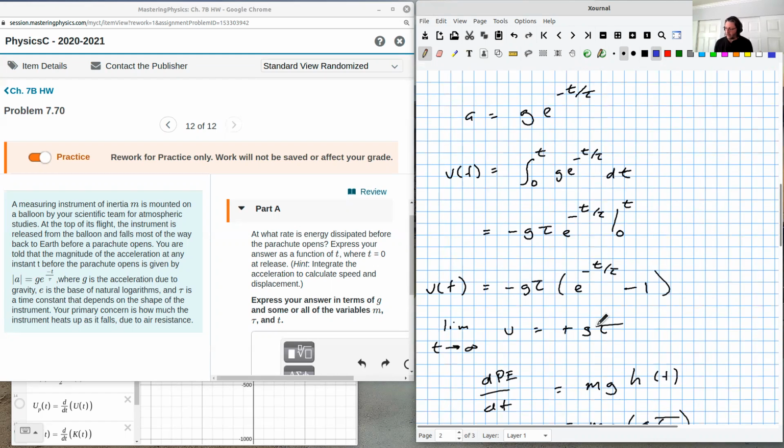So I'm just going to rewrite that a little bit, moving that negative sign inside, and get g tau times 1 minus e to the minus t over tau. That's the same thing, just moving the negative sign inside.